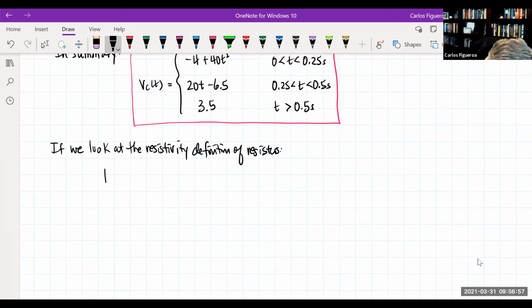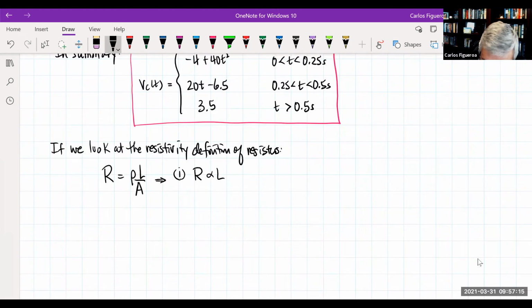That means that the resistance should be the resistivity times the length divided by the area.